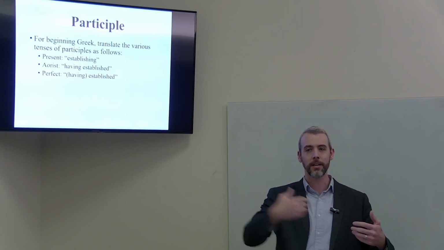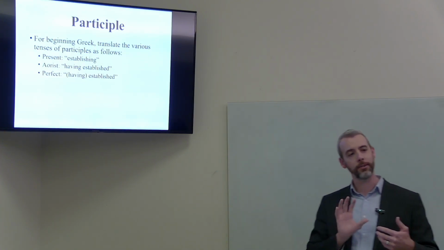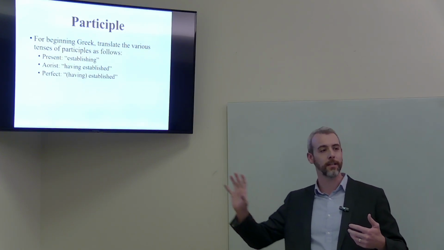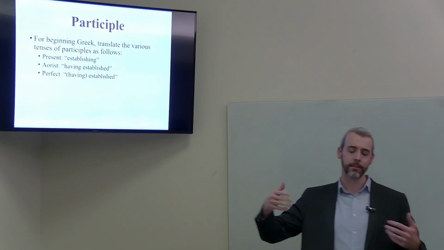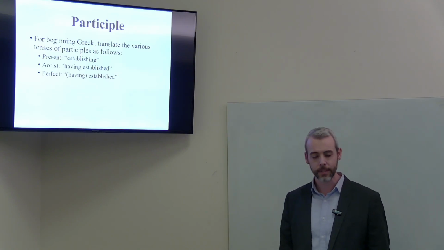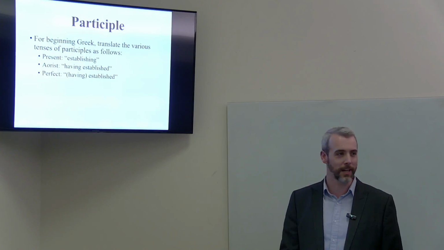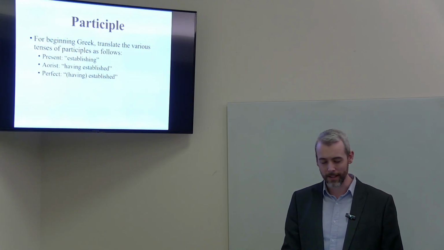The same time as the saving is the establishing. But if you say having established in Greek or in English, you're portraying that this is something that happened before. And that's really what's happening with an aorist participle. And then perfect is too tough to really dive into tonight, but we'll leave it as either established or having established for now, and we'll maybe come back to that later.